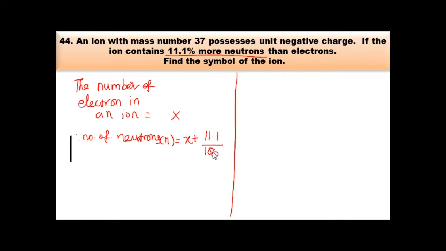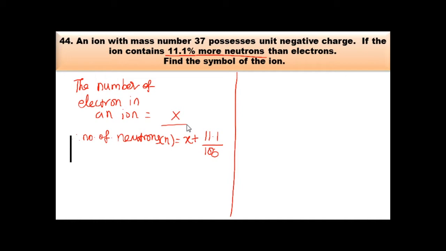So why do we use X plus 11.1 divided by 100? Because the ion has 11.1% more neutrons than electrons. So electron has X, and neutrons are X plus 11.1 divided by 100.